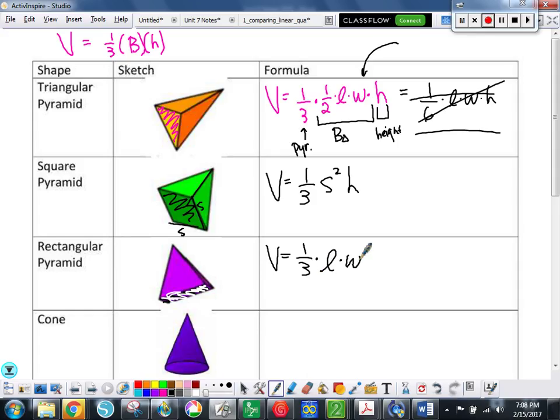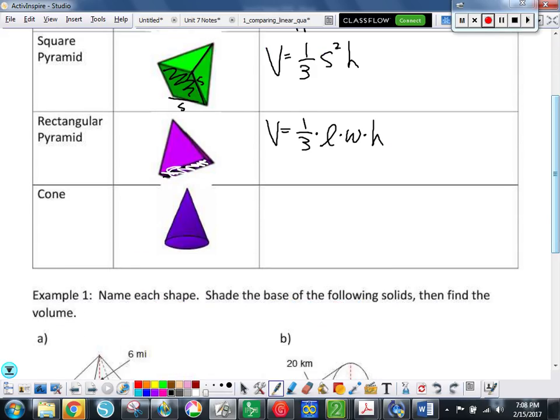Length times width, times the height of the pyramid. And then let's look at a cone really quick. The volume of a cone is 1/3 because it's a pyramid. How do you find the area of the base of a cone? Pi r squared h.